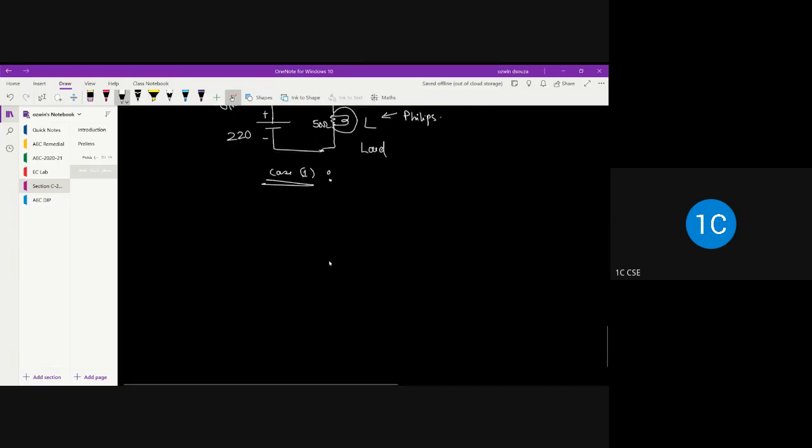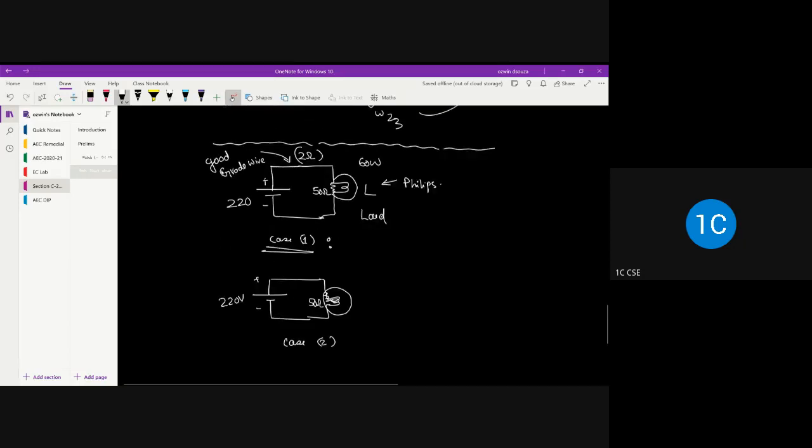In the case 2 scenario, I'm going to consider the same source and the same load, so the ohmic value is going to be 50 and the source value 220 volts. But in the second case, instead of a good wire, like V-Guard brand wire, I've considered some local made wire, which doesn't have any quality rating or ISI standard.